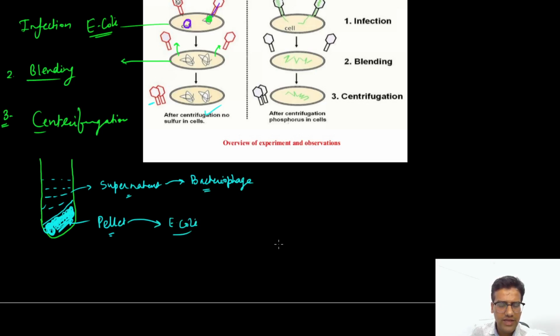And they measured the activity in both pellet and supernatant, and they found out that in the bacteriophage part, that means in the supernatant part, radioactivity was present, because in this particular case the bacteriophage was S35 labeled, so this shows radioactivity.